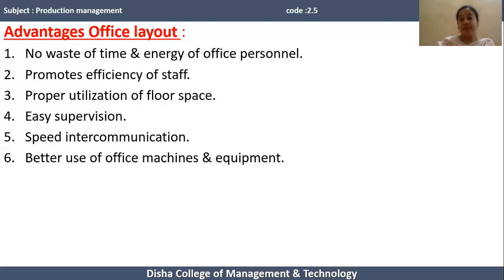Everything is located in a suitable place, so that the office machines and equipment also can be utilized in the most effective and efficient manner. So this is all about office layout. By discussing this, we completed our first unit of production management.